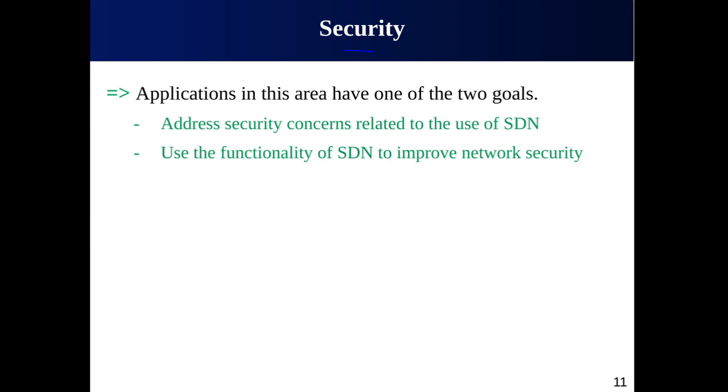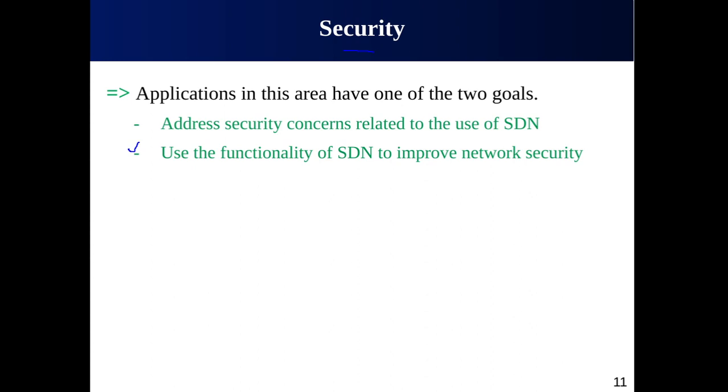The second goal is to use the functionalities of the SDN to improve the security of the network in which it is implemented. Although SDN presents new security challenges for network designers, managers, and researchers, it also provides a platform for implementation of centralized security policies and mechanisms for the network.